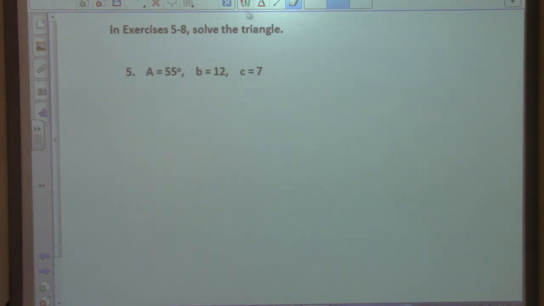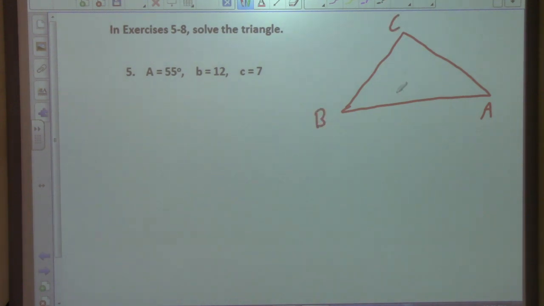Okay, this one right here, if you make a drawing like this of a triangle, triangle ABC, so here's A, here's B, and here's C. It gives you angle A is 55 degrees, and it gives you B and C. Well, little b over here is going to be 12.